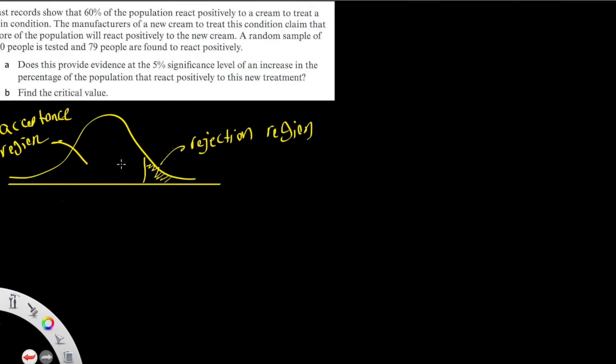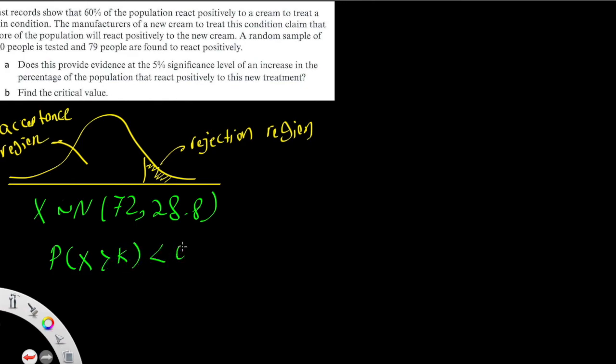Now we know that this is the rejection region, this is the acceptance region, and we know that we normalized X with a normal distribution, which has mean 72 and 28.8 as the variance. Now we know that if K is the critical value, the probability of X more than K should be less than 0.05 to be included in the critical rejection region. So 1 minus probability of X less or equal to K should be less than 0.05.